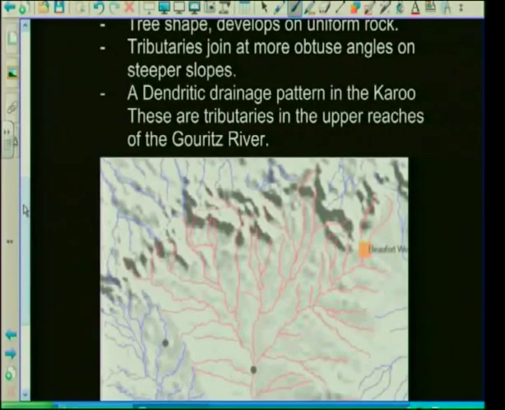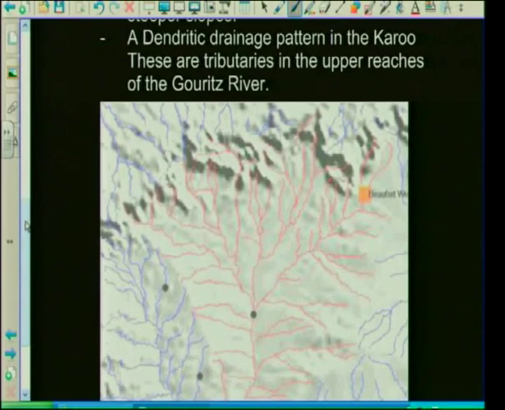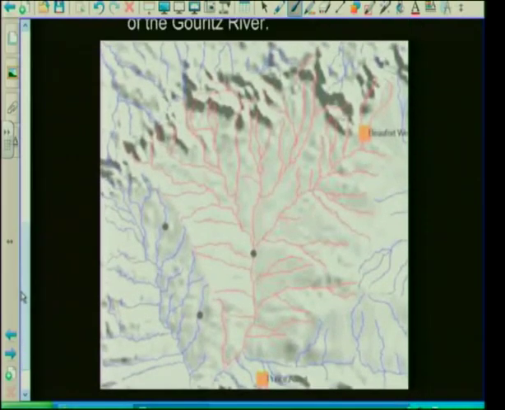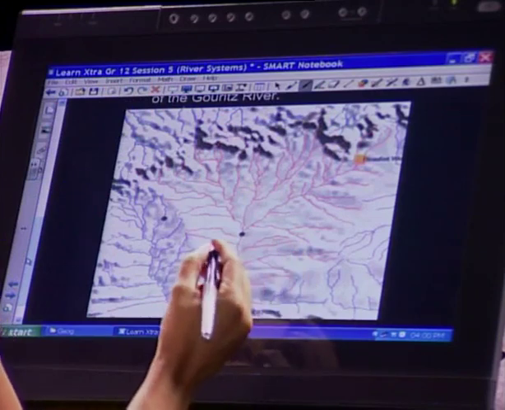Tributaries join at more obtuse angles on steeper slopes, and this is a dendritic pattern in the Karoo. These are tributaries in the upper regions of the Hoerikwaggo River. If you just look at the diagram on the screen, you will see that branch-like nature of a dendritic pattern that develops.